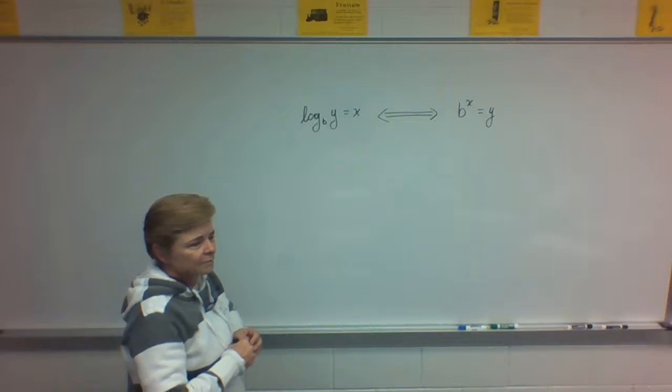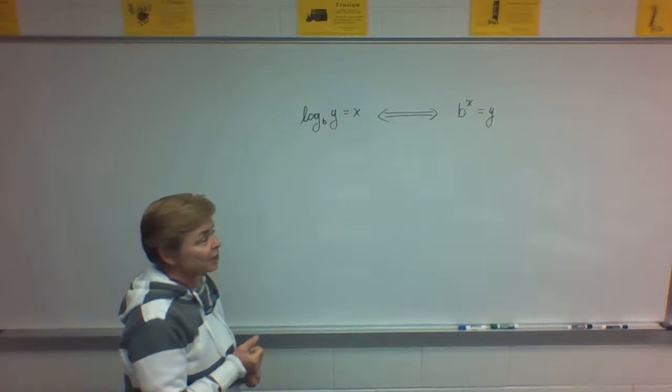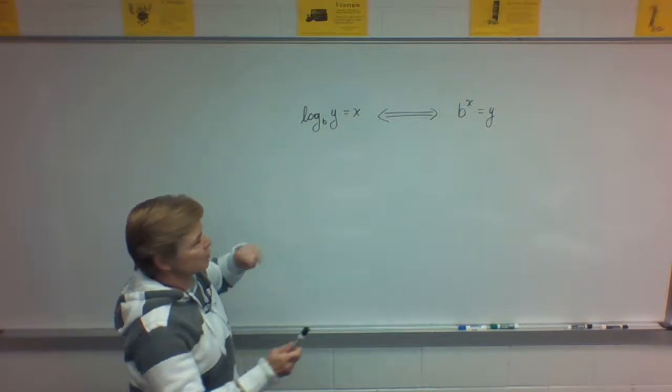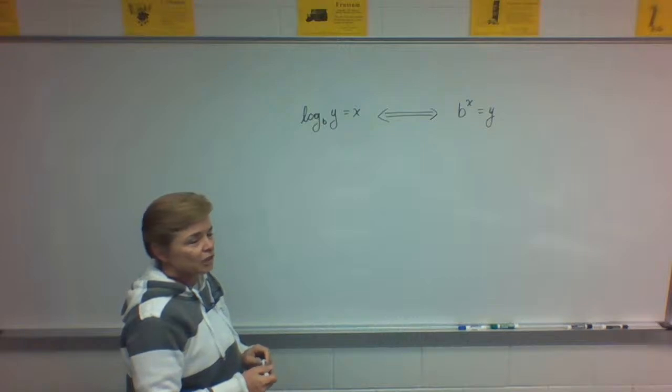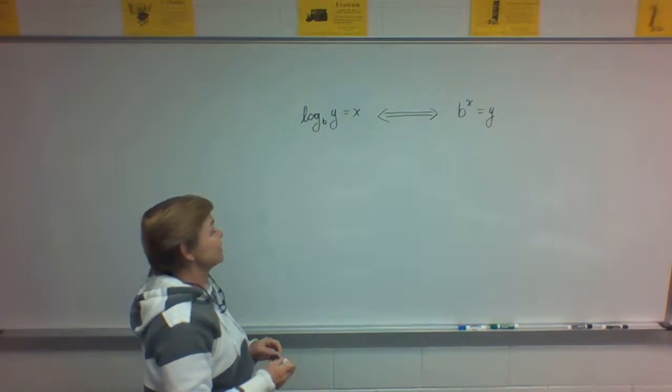Y'all recall that? How many of you have it memorized? You get it memorized solid, and I mean solid, before test time. You've got to be able to go from a logarithm to an exponent, from an exponent to a logarithm. Whatever form you've got it in, you've got to be able to convert to the other without a cheat sheet and with confidence, or you're going to be dead in the water on this test, guaranteed.